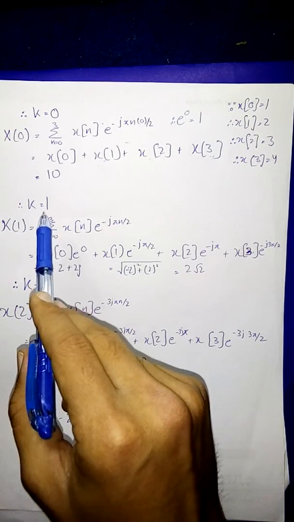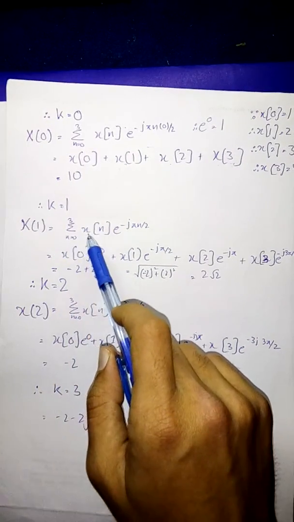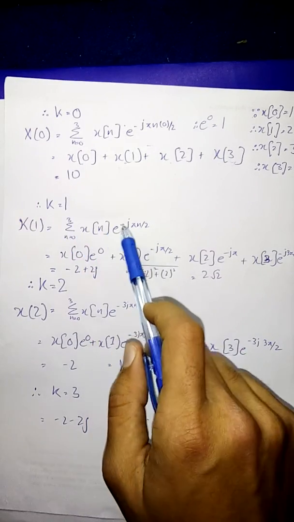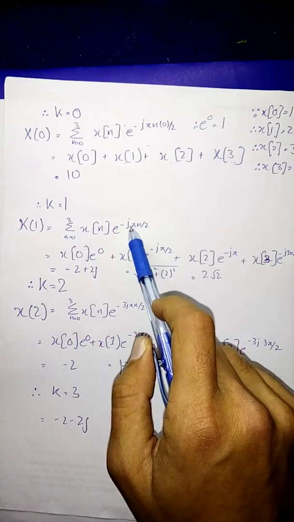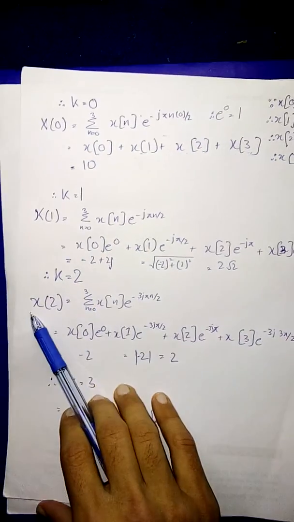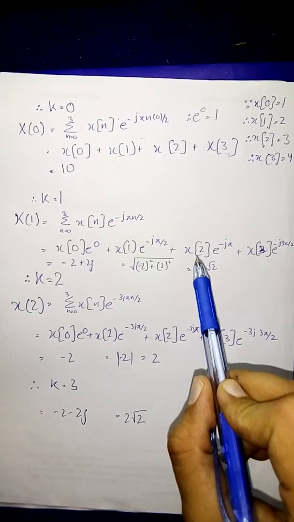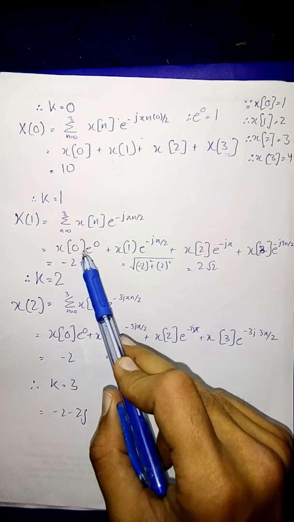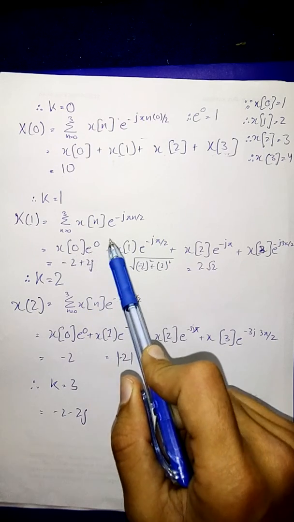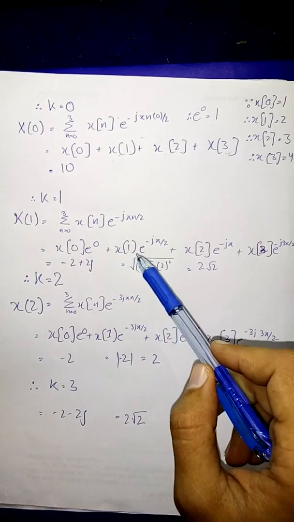For k equal to 1 we have n from 0 to 3, x of n times e to the power minus 2j pi n by 4, and because k is 1, multiplying it we get the same value, n by 2. Now for x of 0, when we input the value of n we get 0, e to the power 0, because n multiplied by this whole term gives 0.